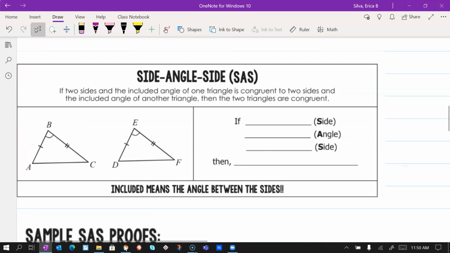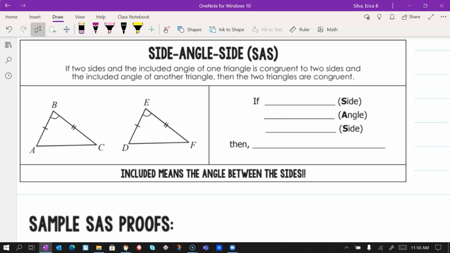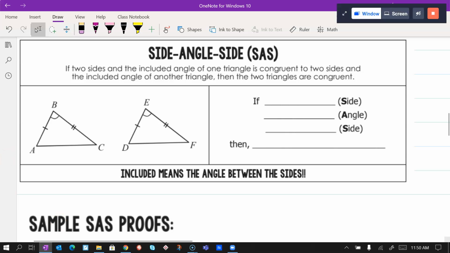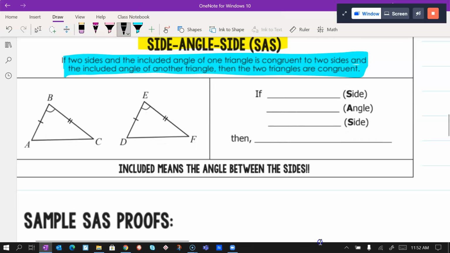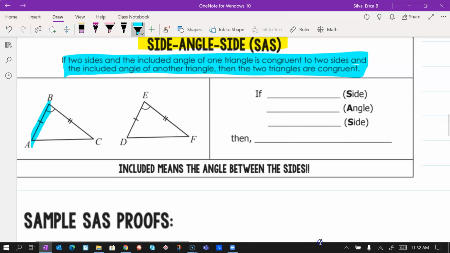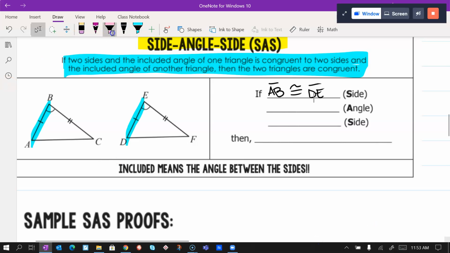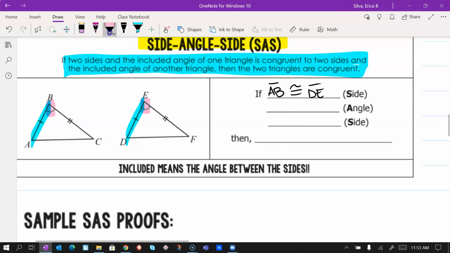Now, if you recall, we had side angle side. And on this one, I do want to show you that this is enough information to say that my two triangles are also congruent. So when we have our two triangles, we have side AB congruent to side DE. And notice how that angle coming next, angle B, is congruent to angle E, and it's touching that first side.